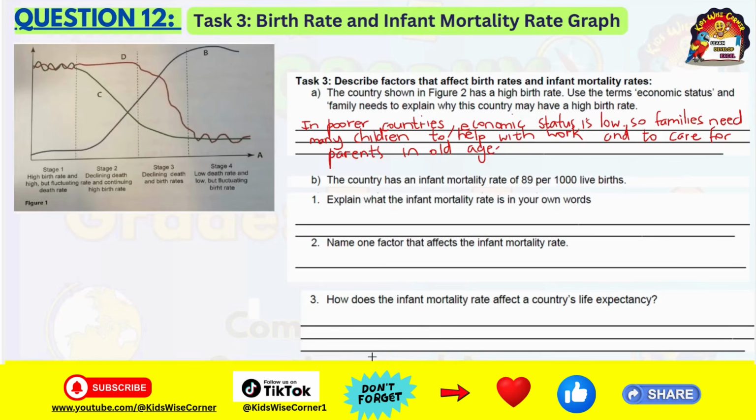Okay, the country has an infant mortality rate of 89 per 1,000 live births. Explain what the infant mortality rate is in your own words.